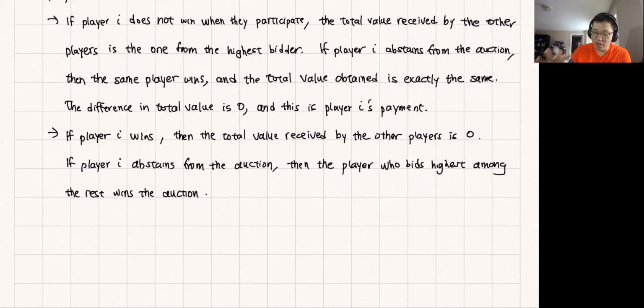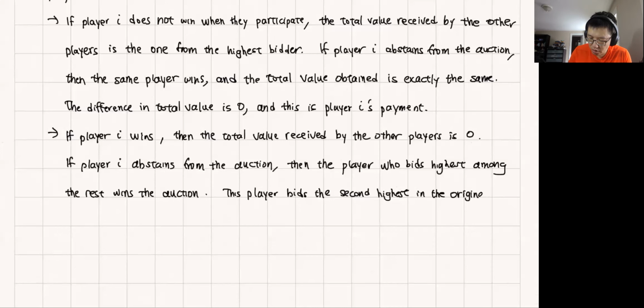Among all the players, including player I, this player actually bid the second highest in the original auction, because player I is the highest and this player is the second highest.